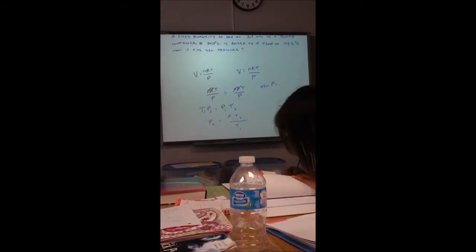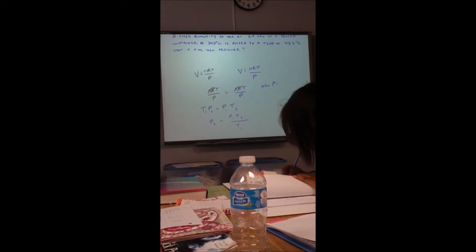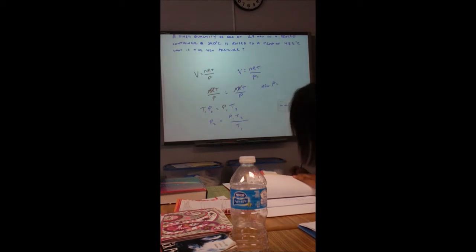Okay, all I've done here is I've solved the ideal gas equation in black to represent the initial conditions, and then in blue to represent the final condition when it's at the new temperature.